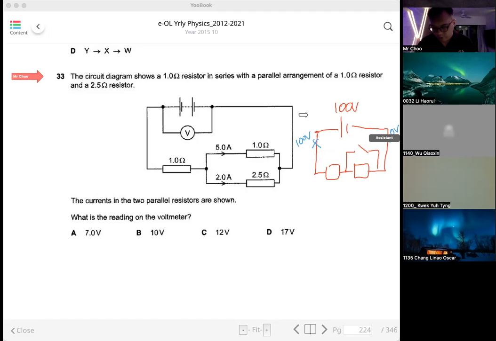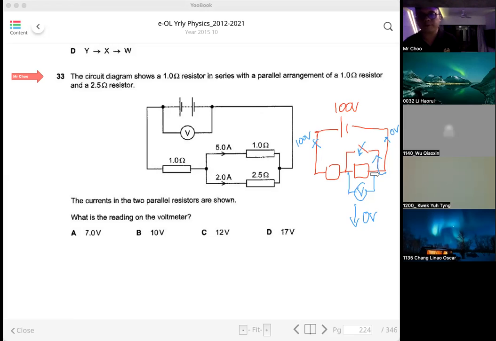Clear? So when you close the circuit, all the current will skip this resistor here. So therefore, this voltmeter will now go down to 0 volt. But because from the left to the right is still 100 volt, so from left to right, based on your load, it will still be the same as 100 volt. Understand, you think?